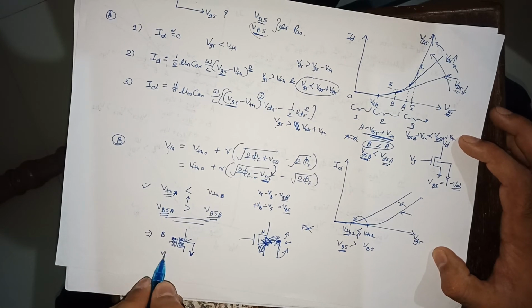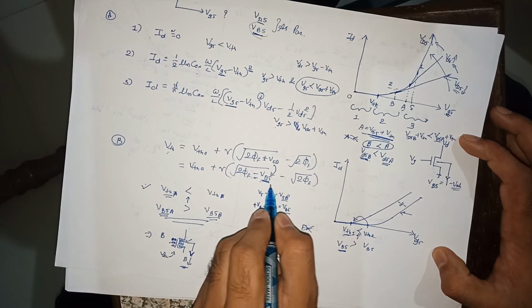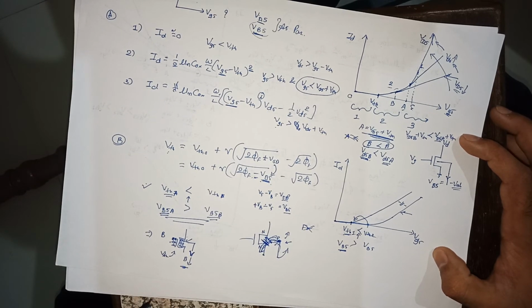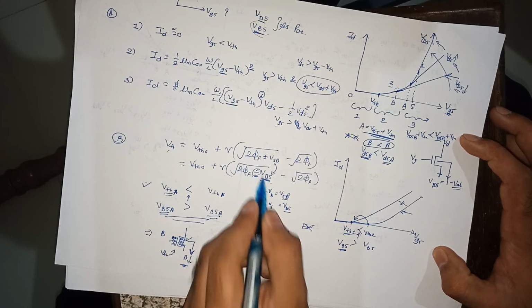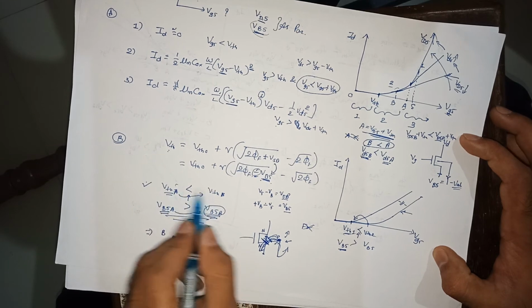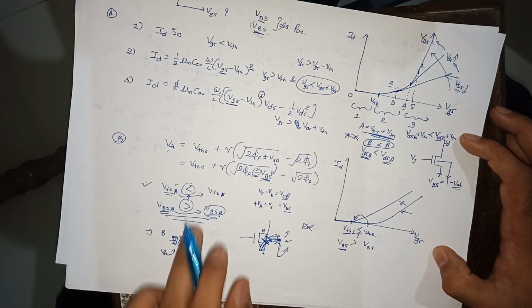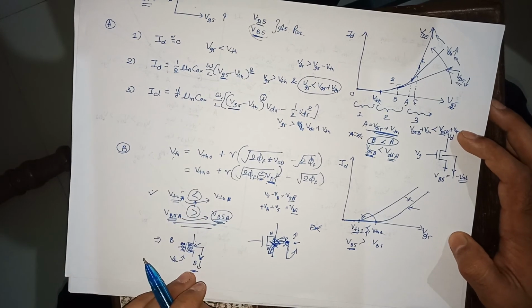So your VTH will be higher when your body is going down. Just because of this negative sign, if your VBS is going down, your VTH will be higher. So if VBS is lower, your VTH will be higher. So this is a very fair explanation why this is going up and down.